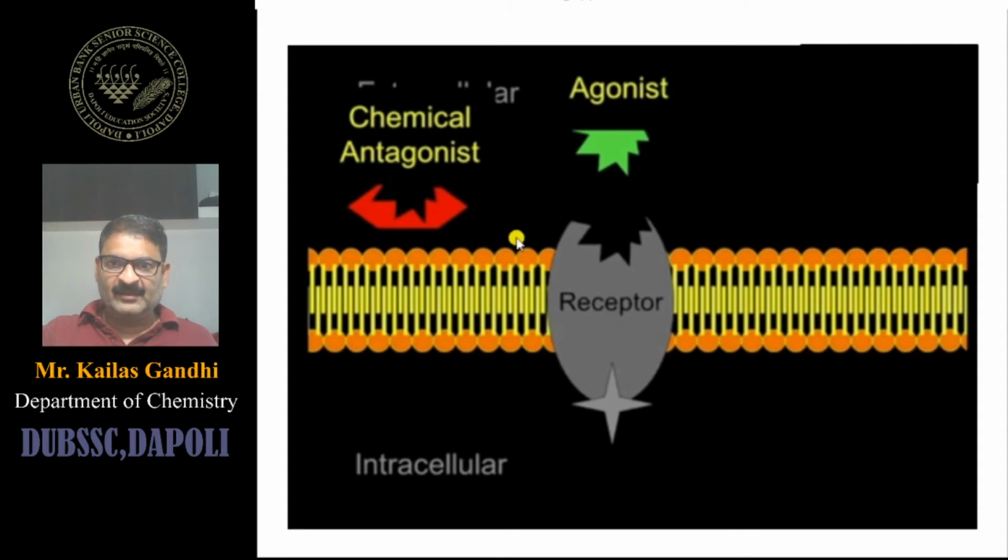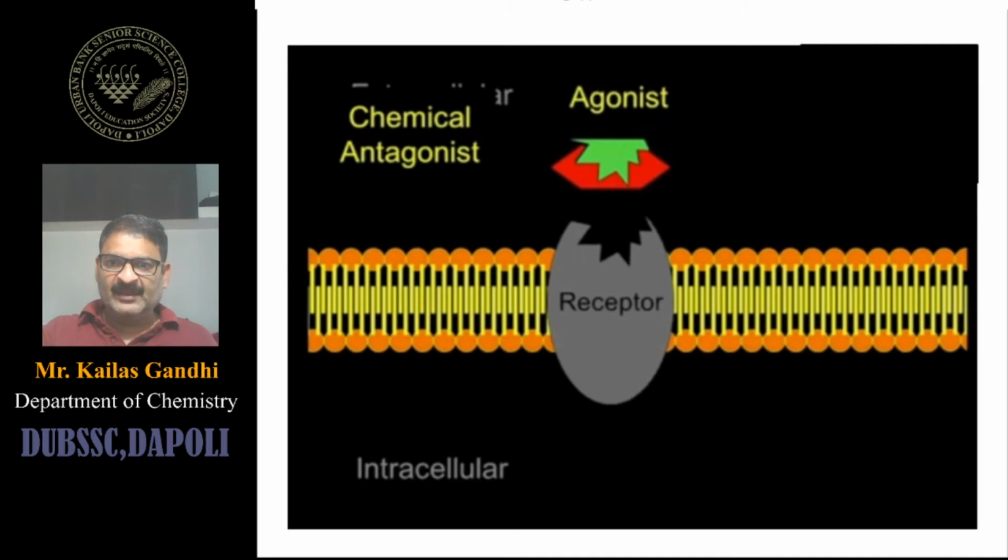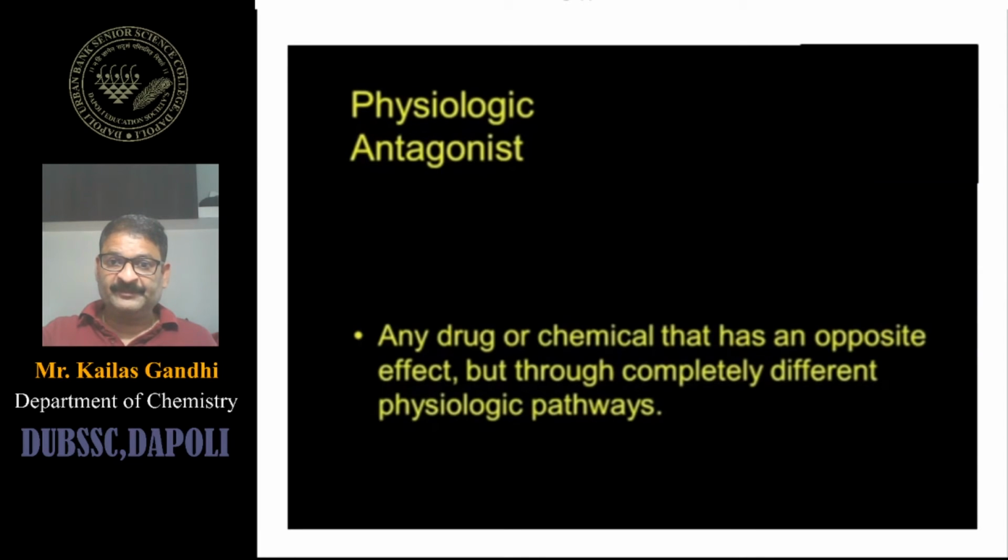So here what happens exactly? The chemical antagonist reacts with the agonist, it blocks its groups or alters the geometry, and then there is no possibility of attachment of the agonist to the receptor site. This type of activity is carried out by a chemical antagonist. So you can see here the restriction of this.